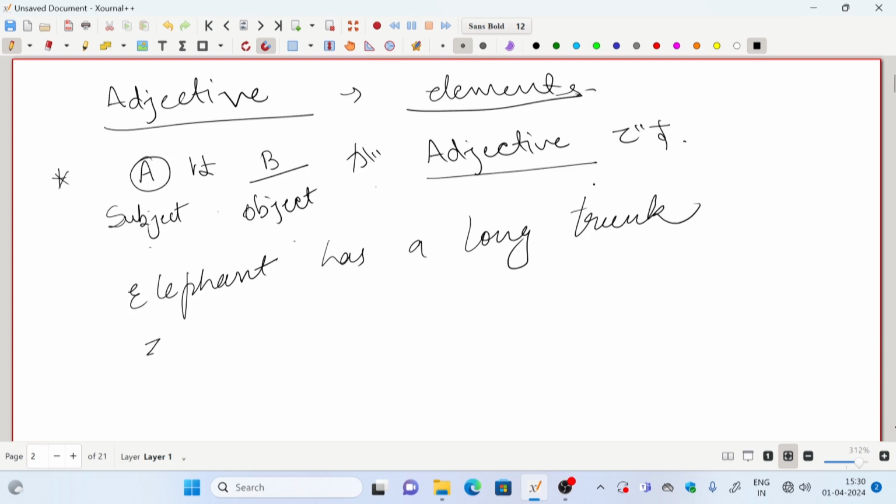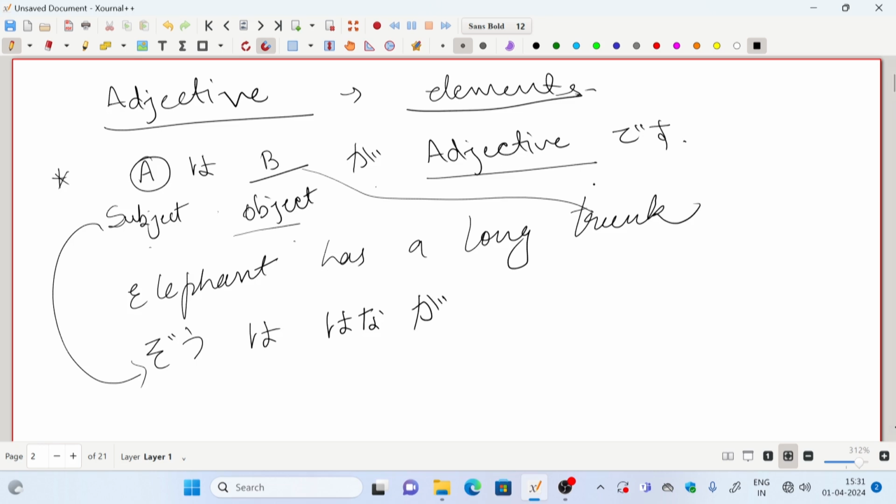Elephant in Japanese is zō. So the subject is zō wa, the object is trunk, and that is hana. The particle here is ga, not the object particle but the particle for the adjective. Zō wa hana ga, long in Japanese is called nagai.